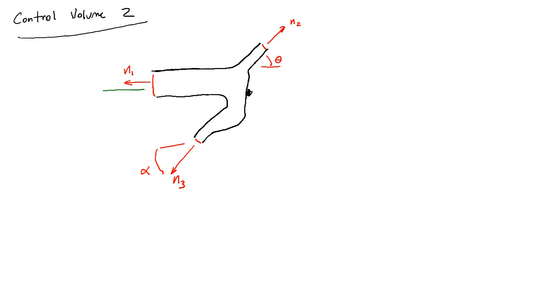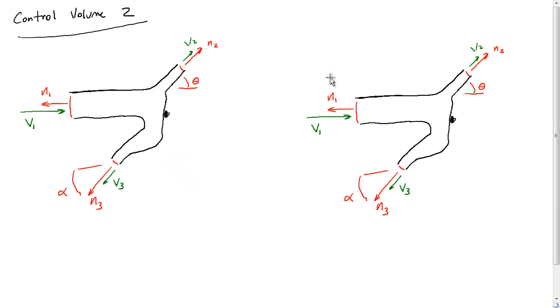Here are my velocities. I'll have V1. I'll say here's V2. Here's V3. Now what I'm going to do is create two copies of this. Here are my two copies.